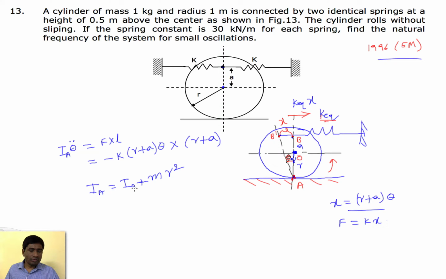But IO for a circular disk, the moment of inertia of a circular disk whose axis is passing through the center and perpendicular to the screen that we are seeing, is mr square by 2, plus mr square. This is 3 by 2 mr square. And if I substitute these values in this equation, finally it will become 3 by 2 mr square theta double dot.